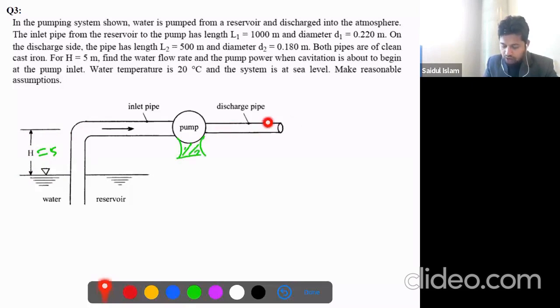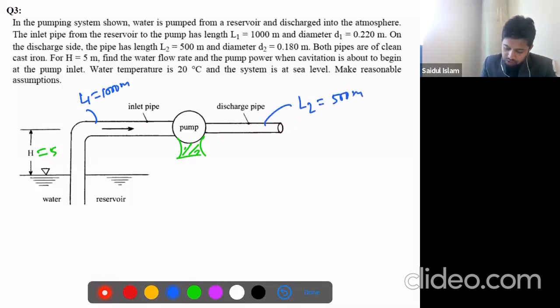This is the outlet pipe, or the discharging pipe. This inlet pipe length L1 is 1000 meters. This outlet pipe length is 500 meters. This diameter is 0.220 meter, and this is 0.180 meter.